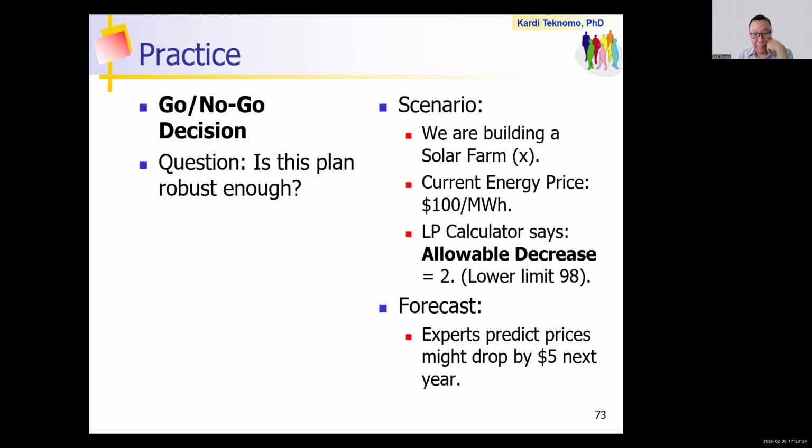What do you think? How much is your safety buffer? This one, two, isn't it? Right? So your safety buffer is actually a drop of two. And how much is the prediction? Yes, Joyce.